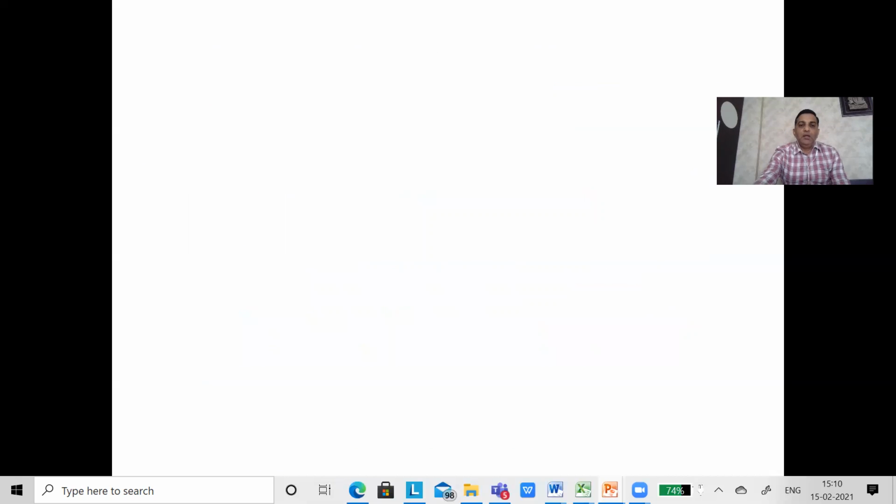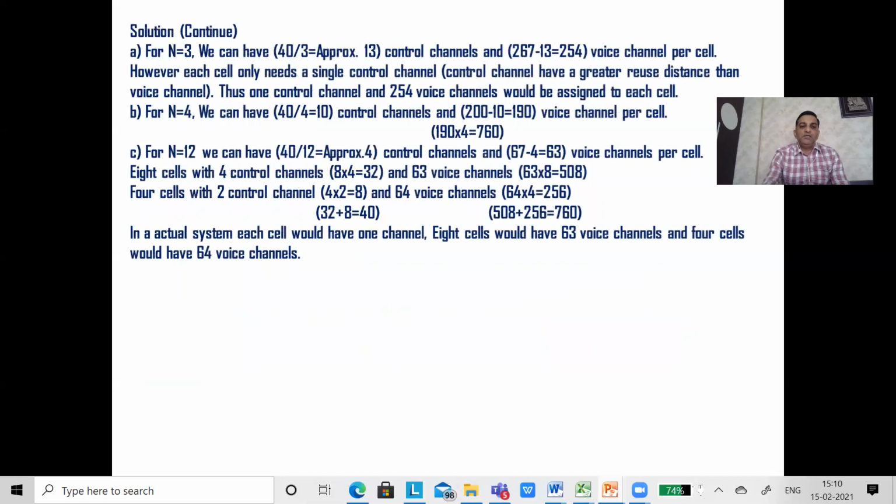So if we go for designing the system for n is equal to 3, the division will have to go like this: there will be approximately 13 control channels and 254 voice channels per cell. Then each cell only needs a single control channel. Thus one control channel and 254 voice channels would be assigned to each cell to satisfy the requirement.